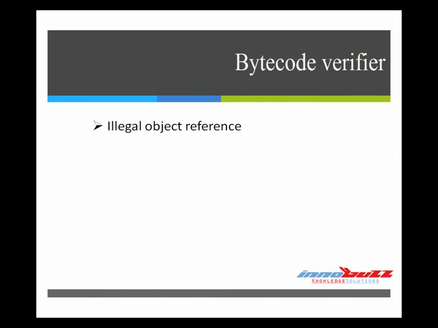The illegal object reference: the use of an object in a place where another object type should be used. Illegal parameters, for example, when calling a method or a constructor with illegal arguments. Stack overflow and underflow. The call stack works similarly to other stacks in programming.